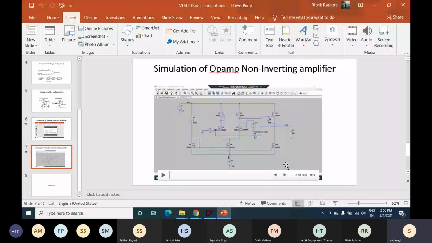If the pole due to the Miller capacitance and the pole generated by the MOSFETs are too different in frequency, in such a case you will get to see some wavy kind of Bode plot.